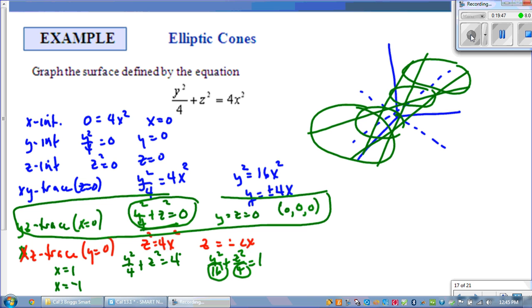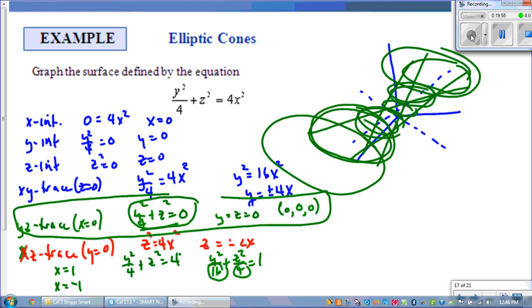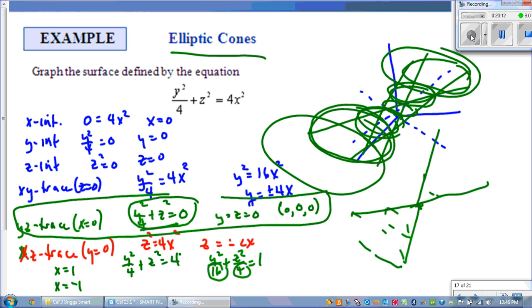I should have been going across there and there. But in this direction, we will have ellipses getting larger and larger. So what you've got here is a cone. It's called an elliptic cone, where it's going out this way. This is the origin. Okay, so the cross sections with planes parallel to the YZ plane will be ellipses.